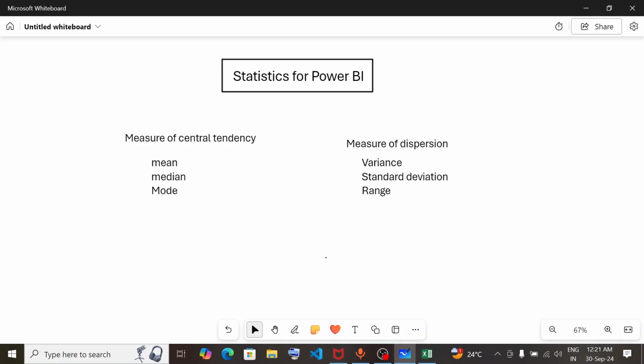And the third part we are studying here will be some aggregate functions. So I will note down some aggregate functions also.